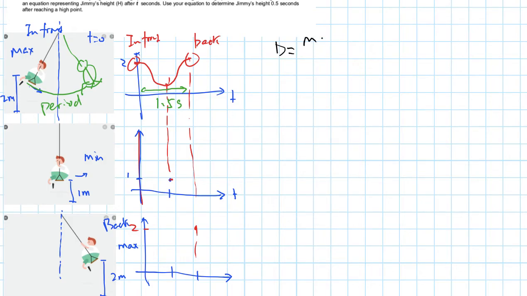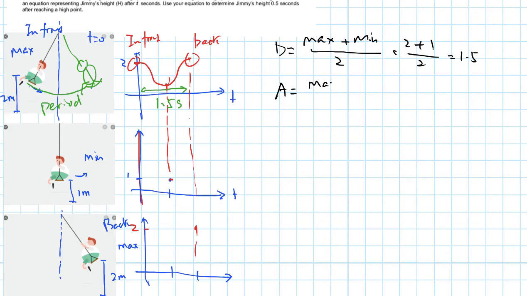Since we have a maximum and a minimum, D will be the midline, which is halfway between the maximum, which is 2, and the minimum, which is 1. That gives you 1.5. And then what is A? If you have a maximum and a minimum, it's the difference of the maximum and minimum, halved. So 2 minus 1 is 1, divided by 2 is 0.5.